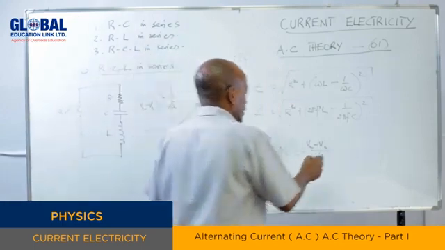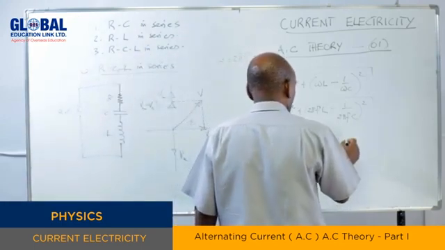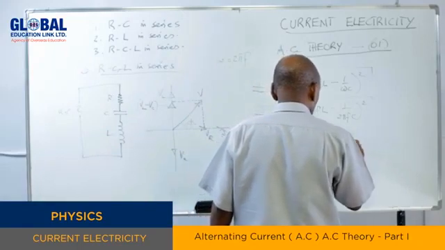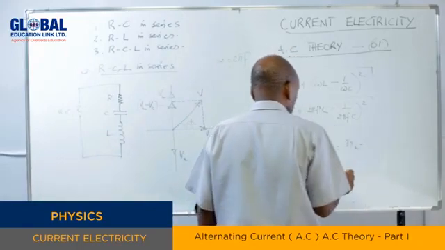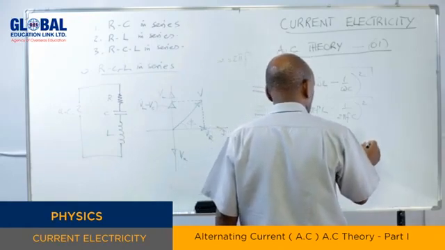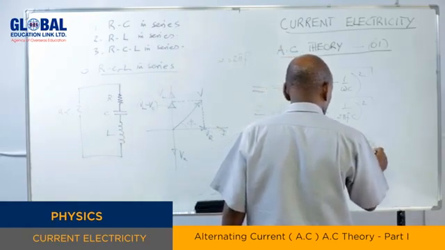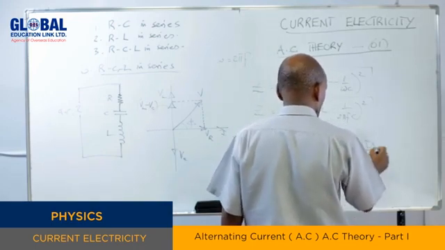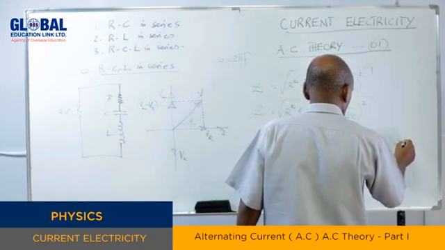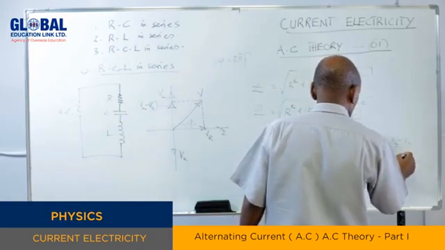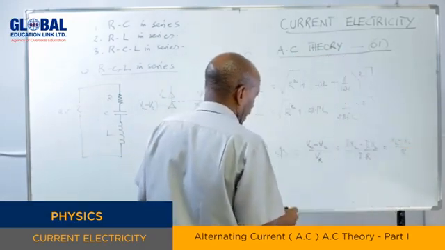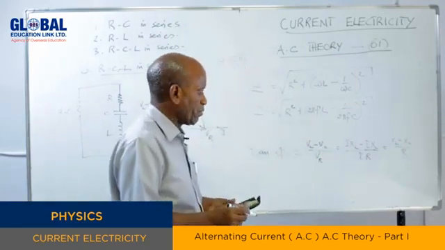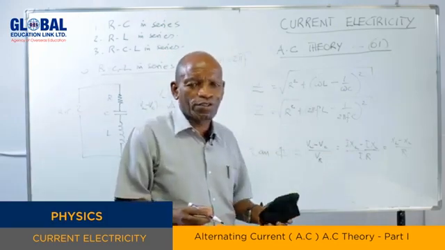The voltage through an inductor is equal to I times inductive reactance, minus I times capacitive reactance. So the whole of this we divide by R. If we divide here, we have inductive reactance minus capacitive reactance over R, and we can simplify this and obtain the final expression.